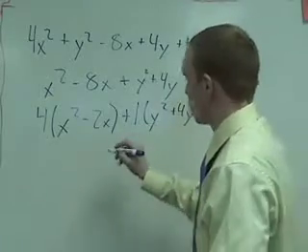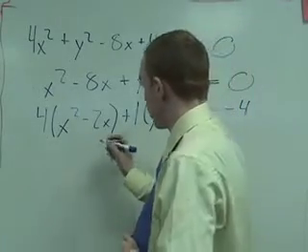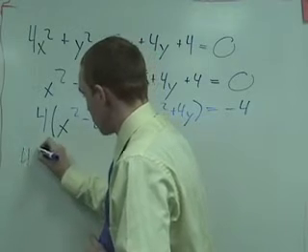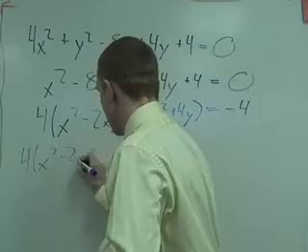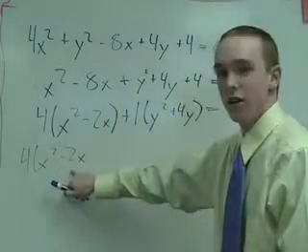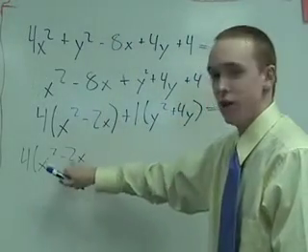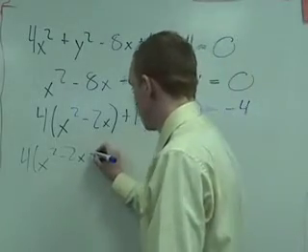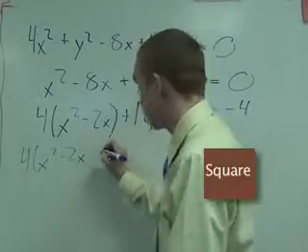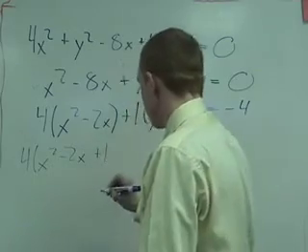So we're going to complete the square. So we're going to get a 4 plus, and then this. And then to complete the square, you take the middle term, you divide it by 2, and square. So negative 2 divided by 2 is negative 1, squared is 1.